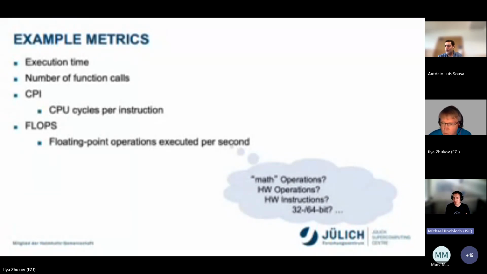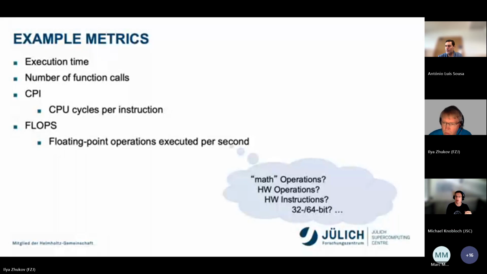A division can probably be one hardware operation, a div, however those are multiple hardware instructions, because you can't do a div in a single instruction. Do you count 32 or 64-bit instructions or operations? That will give you different numbers, and you have to make sense of numbers. So you need to know exactly what you're actually measuring in order to make sense of the information you got.